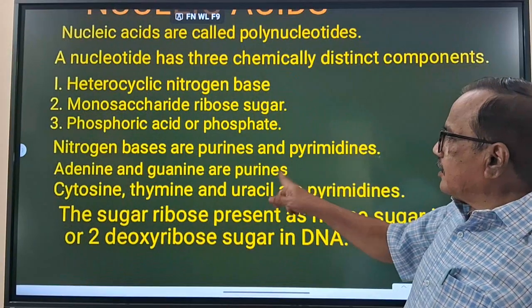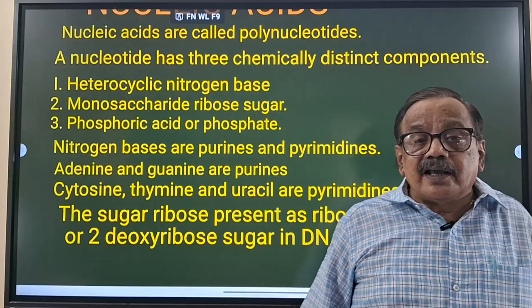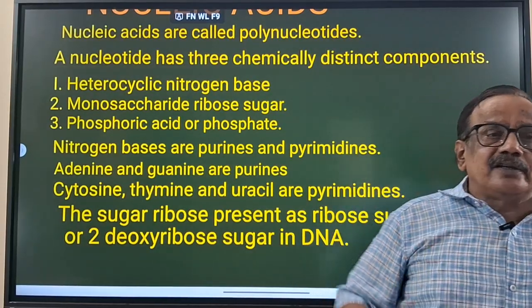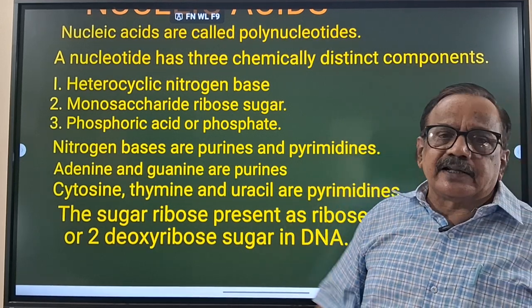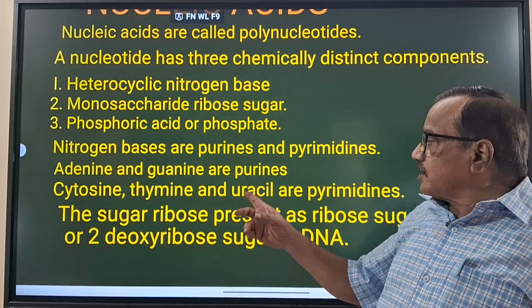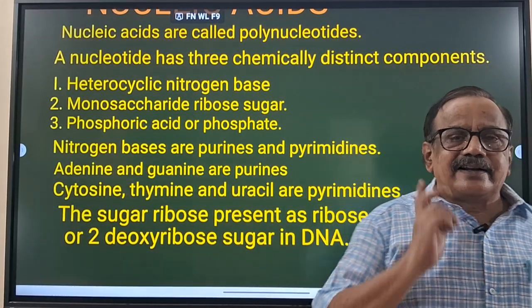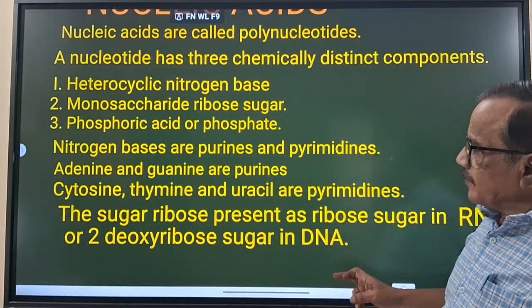Adenine and guanine are the purines, which have a double ring, as shown in the diagram he gave. Cytosine, thymine and uracil are the pyrimidines, which have a single ring. Remember that much.